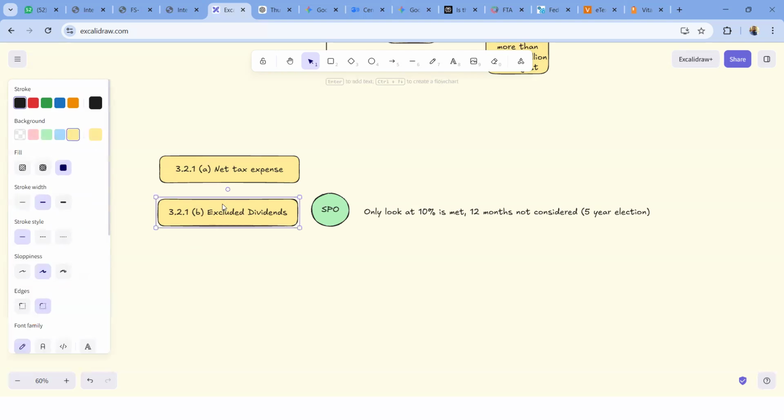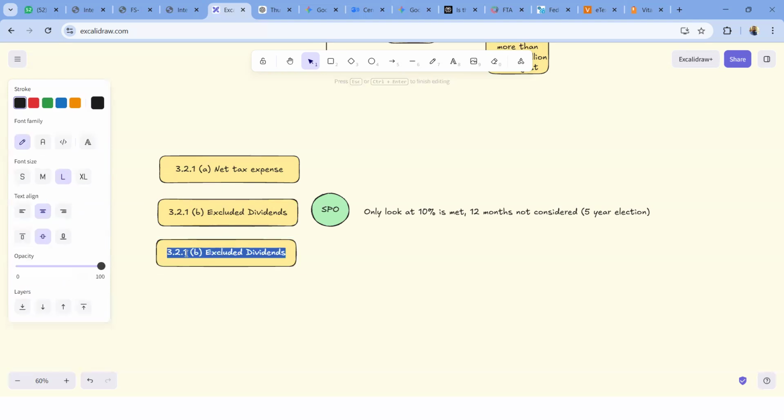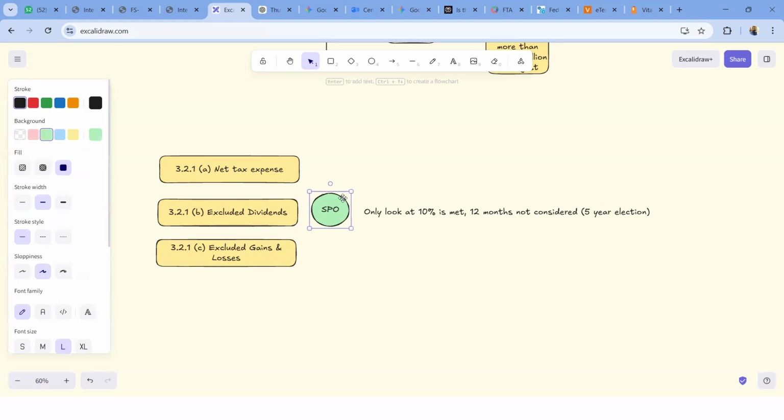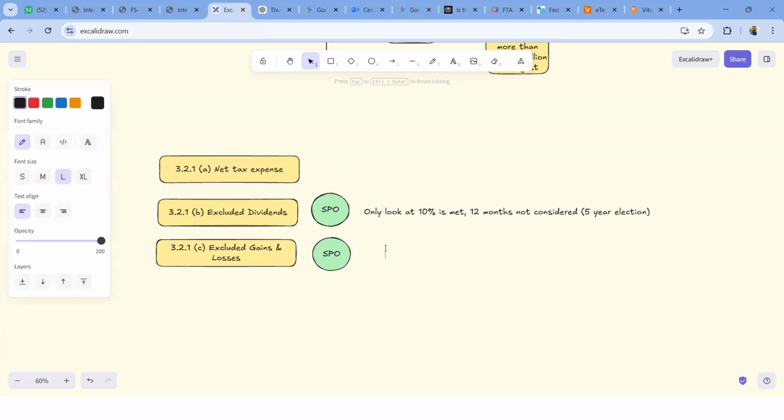Now that is the third one. Third one, 3.2.1c, is excluded gains and losses. Any excluded gains and losses other than from the short-term portfolios, I can do it again.